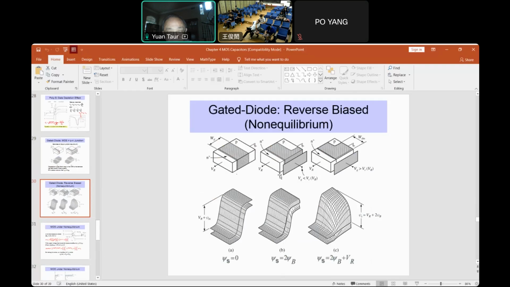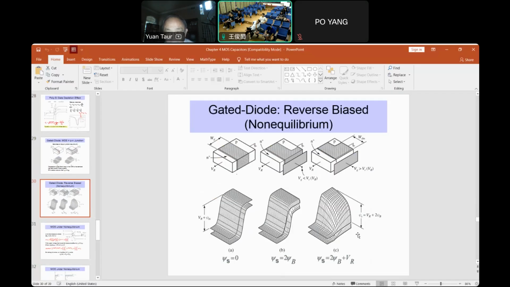That's different from the zero bias case. The reason is that the reverse bias shifts the electron Fermi level far below the Fermi level of the P-type substrate. So there's no inversion if you just bend the bands by 2 psi B. Instead, you have to bend the band much more, by 2 psi B plus the reverse bias. I'll show you later why that's the case.